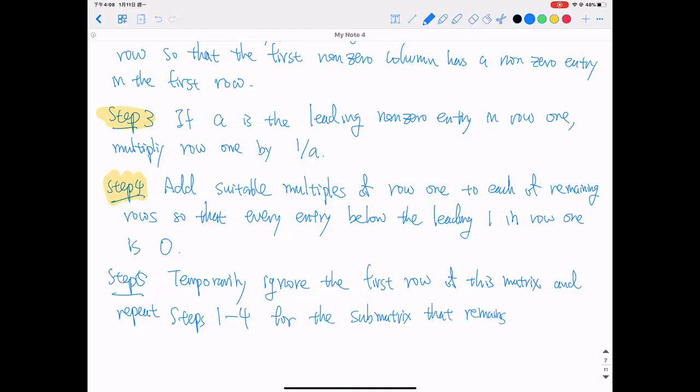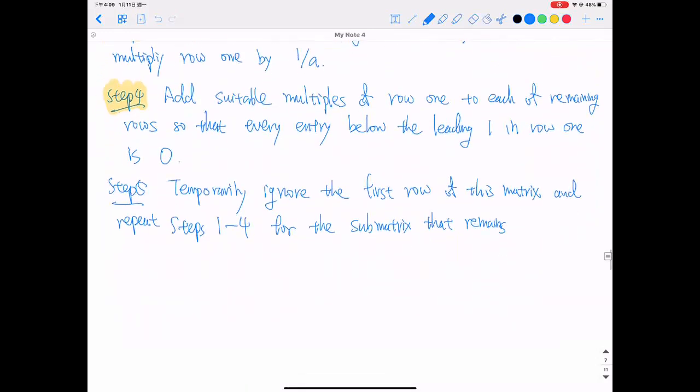Okay, so basically that's exactly what this is saying. Just forget about the first row for now and focus on the remaining part of the matrix and run the steps again. Find the first non-zero entry and move it to the top row and make it 1 and get rid of everything else below it. And you may have to do this over and over, but there's a point where you need to stop.